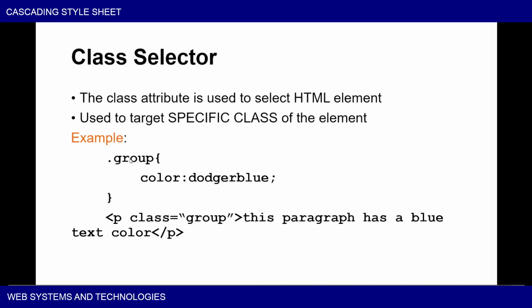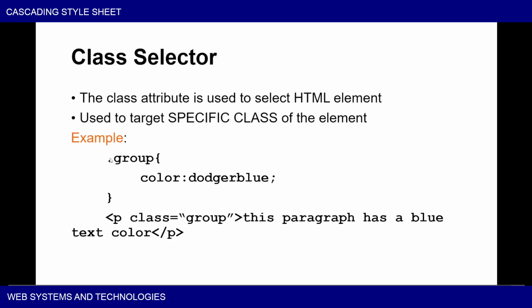Our class selector uses the class attributes to select HTML, and it's used to target specific class of the element. An example of that is to denote it is a class dun sa ating CSS file, we need dot and then group.